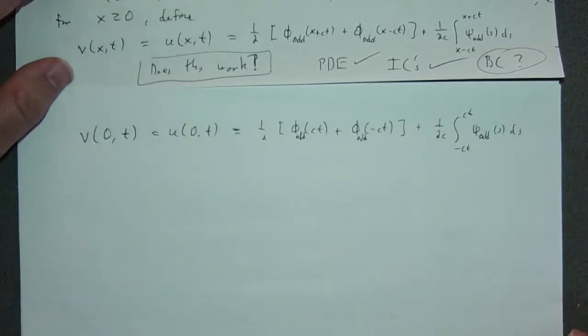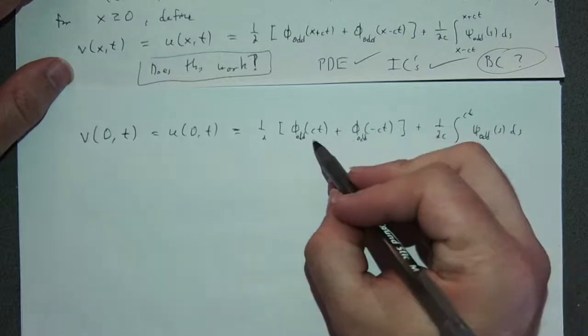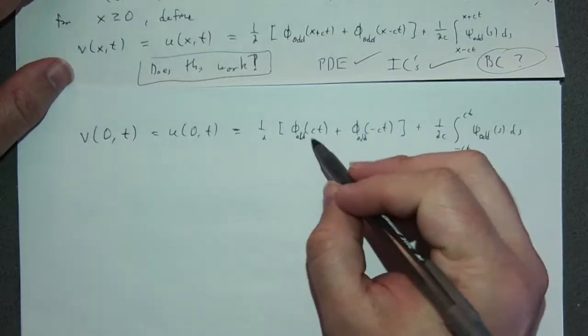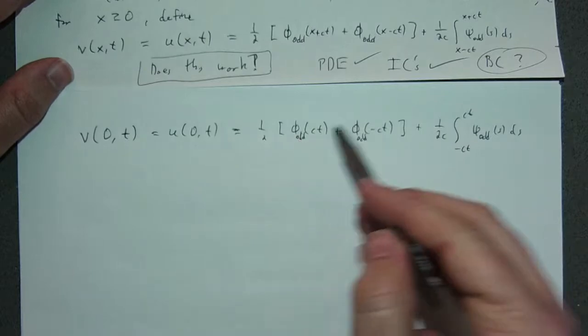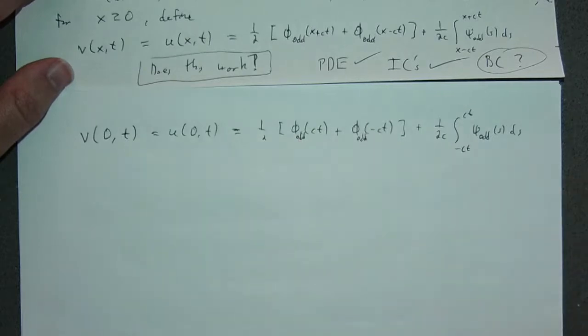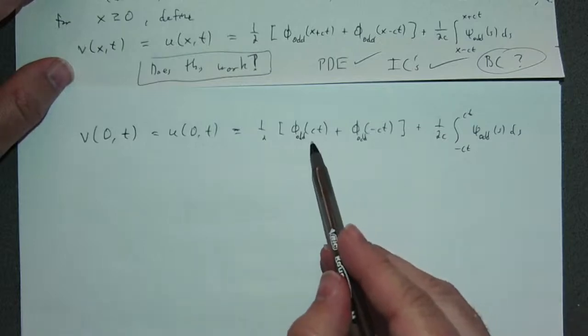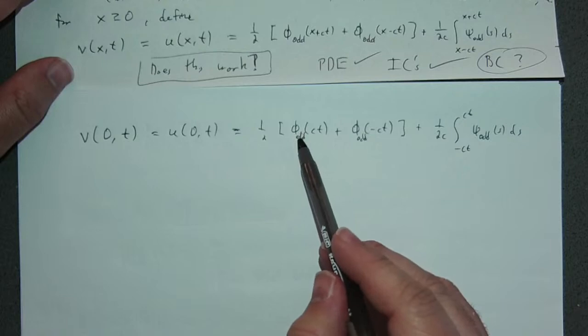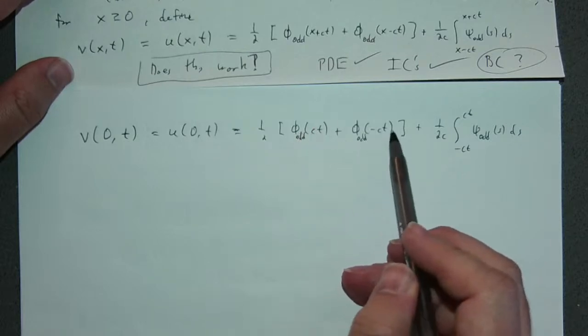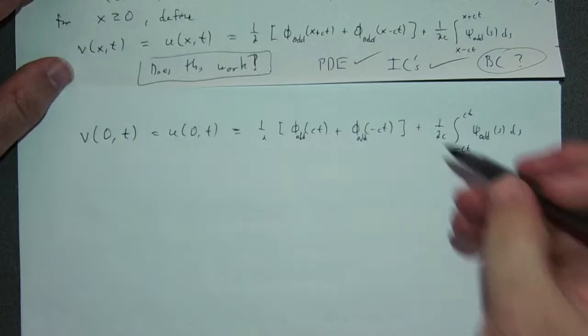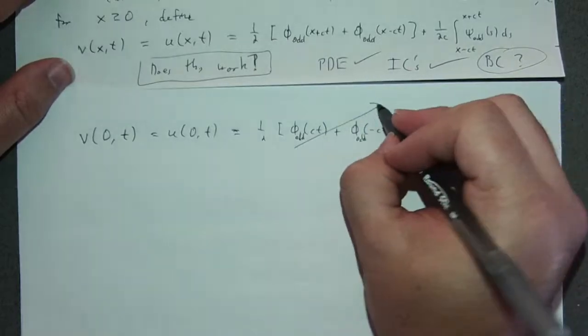Because guess what we've done here, right? This sum is a sum of phi odd of ct and phi odd of minus ct. What happens when you have an odd function? You take the sum of that function at one value and then that function at the negative of that value. They cancel, right? This is 0.